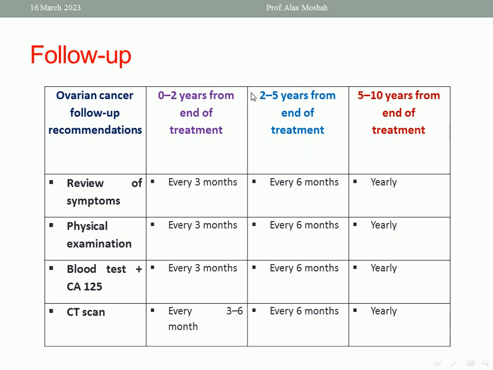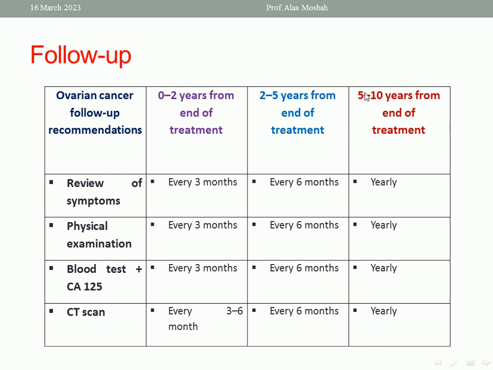What about if the patient is between 2 years and 5 years after treatment? Should I prolong the duration of follow-up? Yes, every 6 months. Ask the patient to come for follow-up every 6 months, so long as everything is fine, and do also history, complete physical examination, CA125 serum level and the blood test, and CT scan every 6 months.